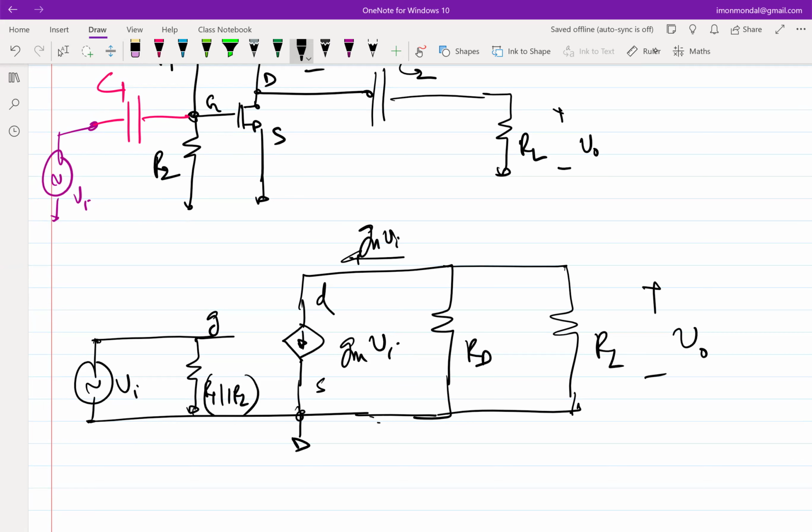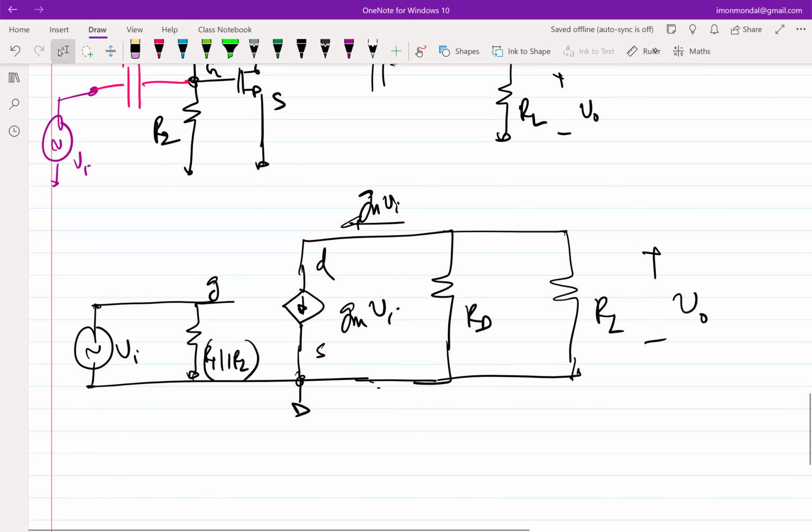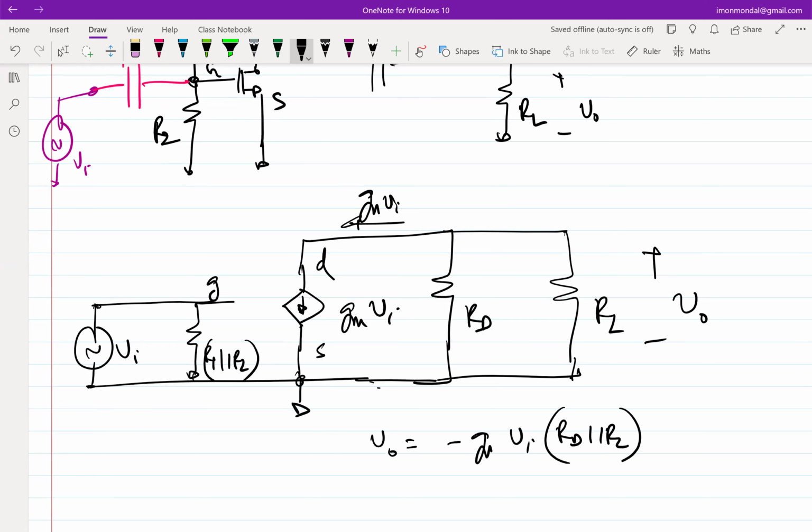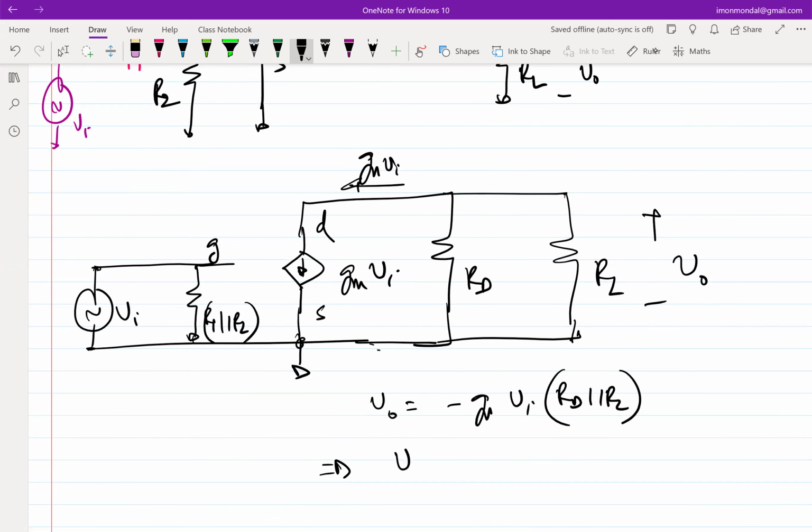It flows into a parallel combination of RD and RL. So V0 becomes minus GM times Vi times RD parallel RL. So your gain becomes minus GM times RD parallel RL. Right? It's identical to the PMOS device case.